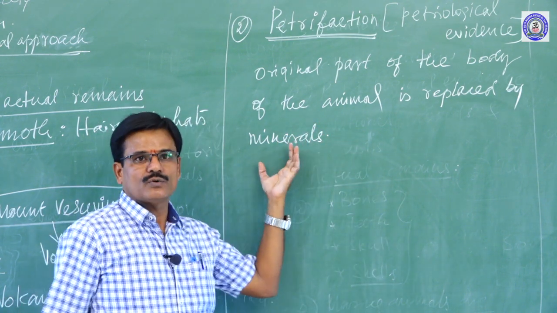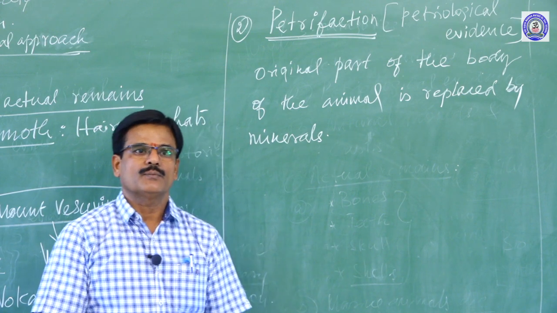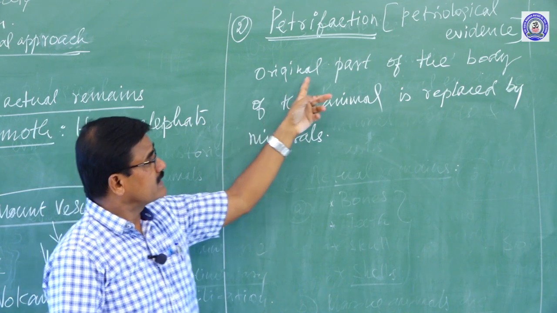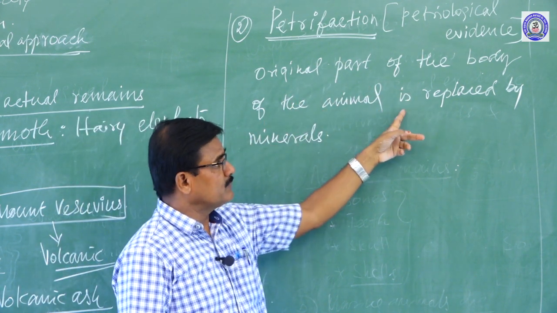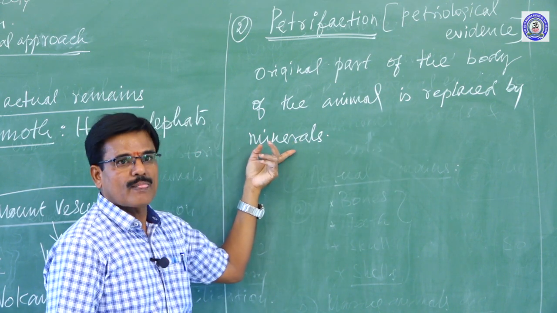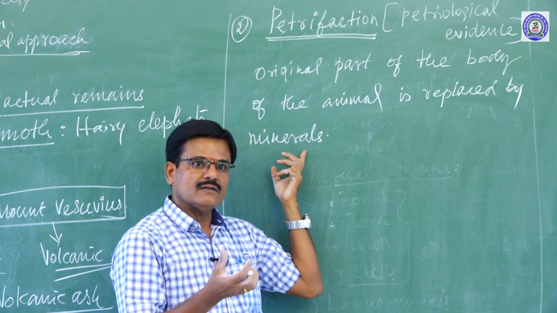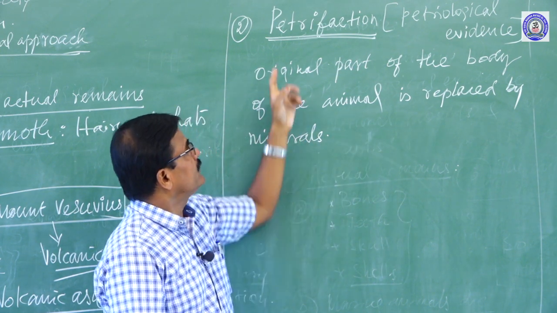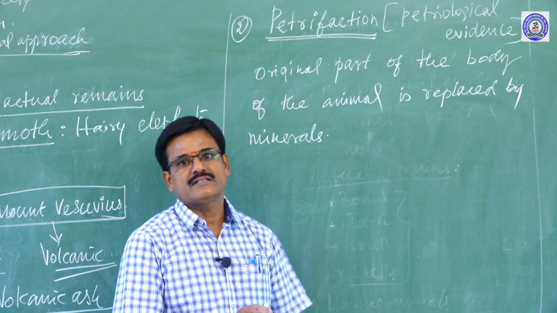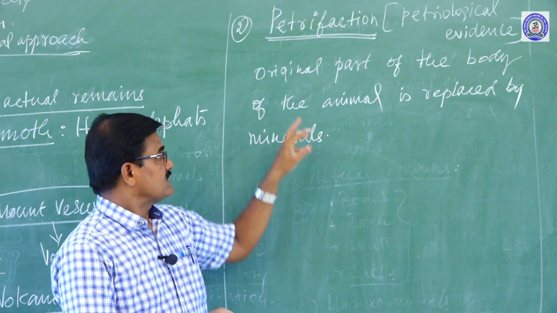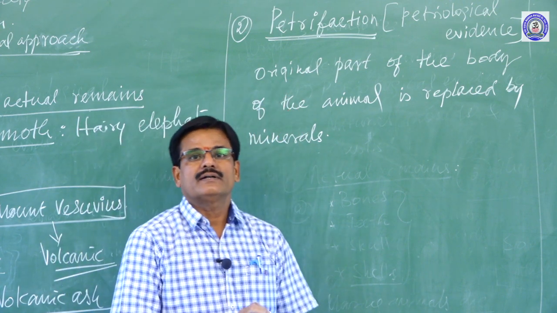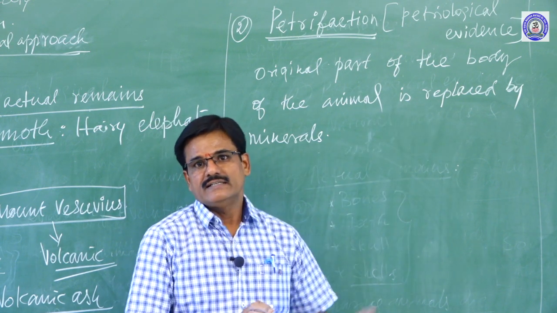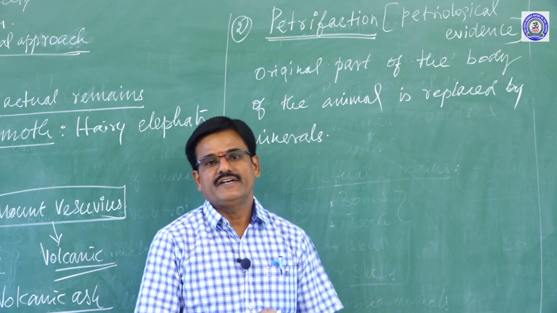The previous one I told you, the entire animal or body parts as such buried under the earth, but here the original body parts of the animal are replaced by the minerals, where the animal's part is occupied by minerals. That is said to be petrifaction. This type of fossilization is called petrifaction. Once again I repeat, the original part of the animal is replaced by the minerals.